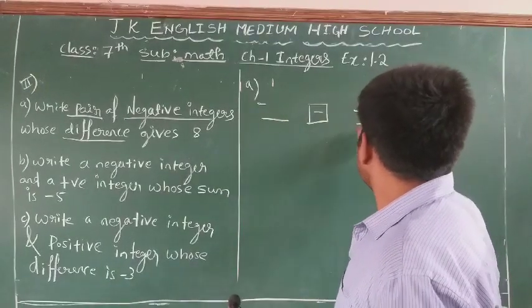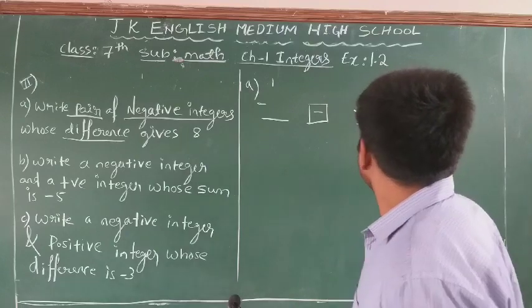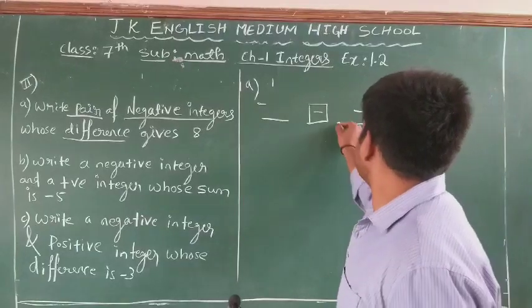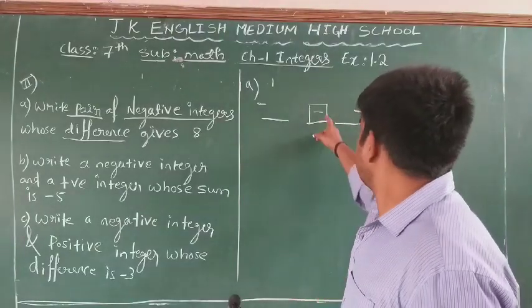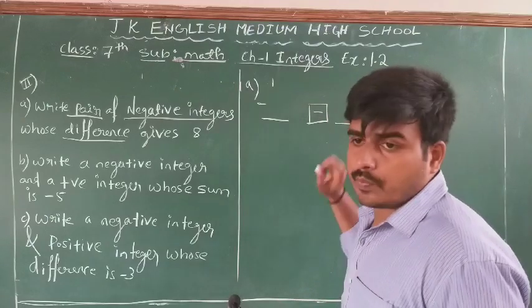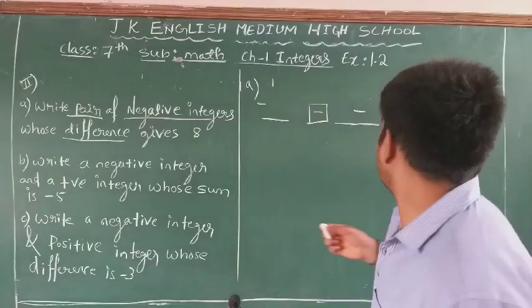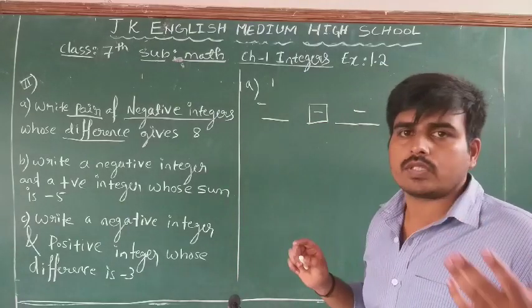If you want to get difference 8 and the answer is positive, the answer is positive means the larger number must be positive. So minus into minus gives plus, therefore the number which is here must be larger. By subtracting which two numbers will you get 8? Of course 10 and 2.